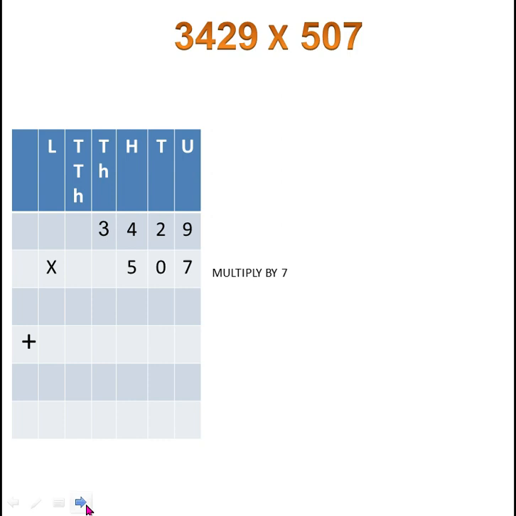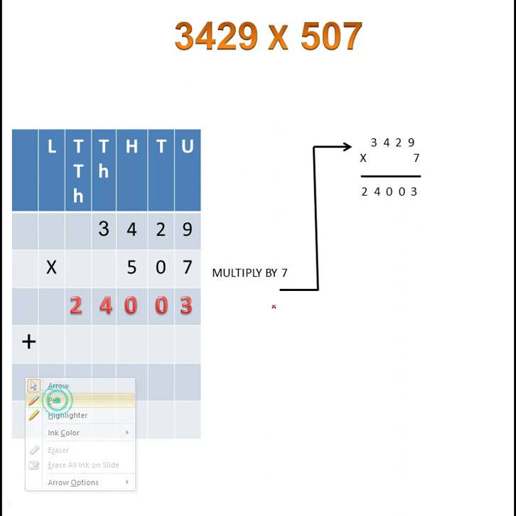First I multiply 3,429 into 7. We solve the multiplication here. 3,429 multiplied by 7. 7 into 9 is equal to 63.